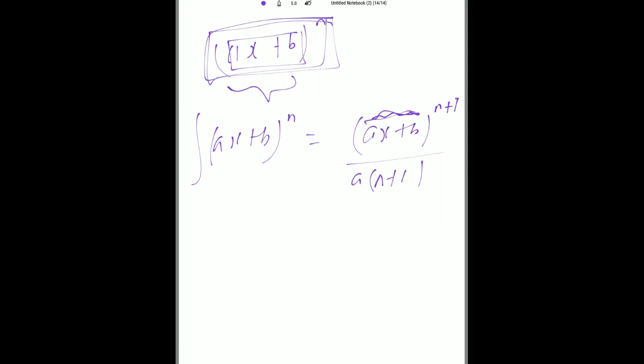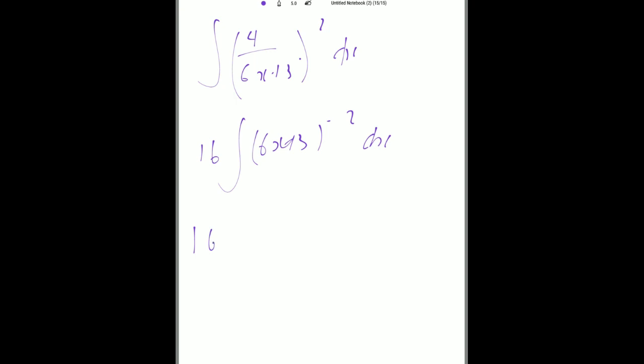So let's look at an example. If we have to integrate 4 over 6x plus 3 all squared with respect to x, that would tell us that we're integrating 16 times the integral of 6x plus 3 to the negative 2 with respect to x. So integrating that will give us 16 times 6x plus 3.